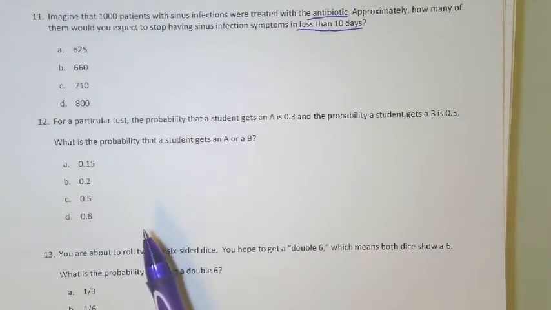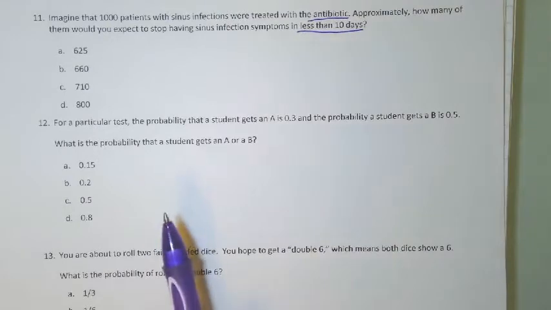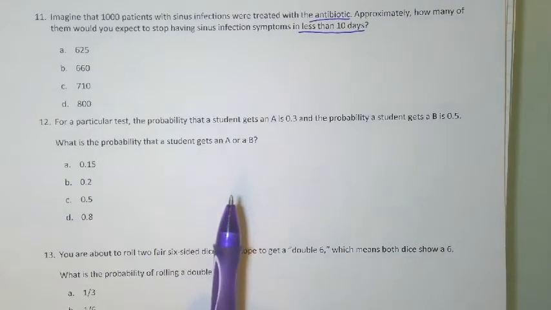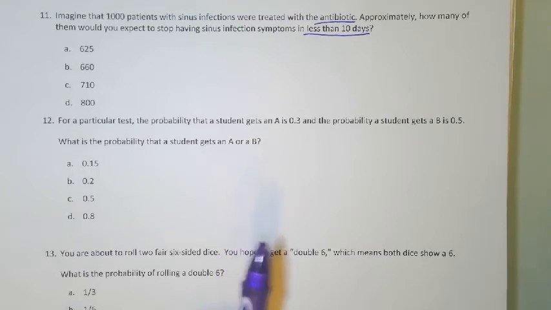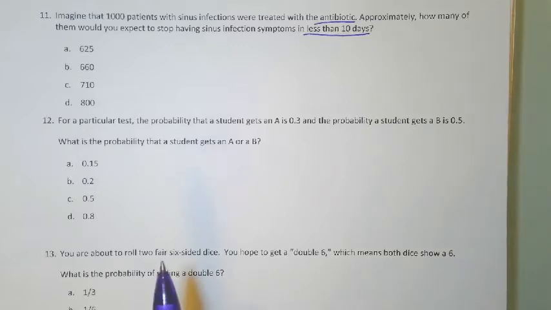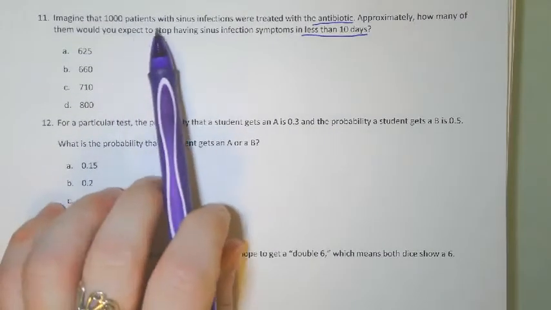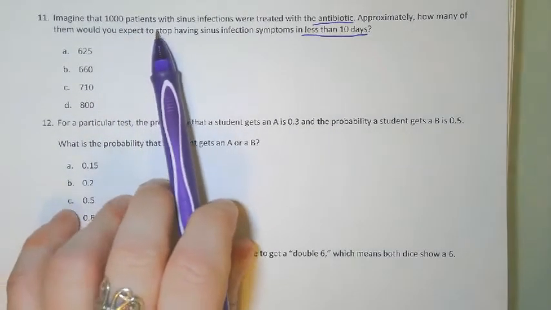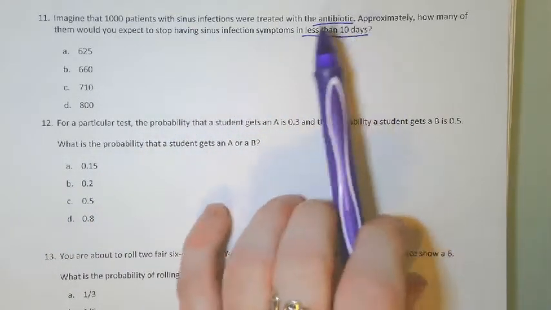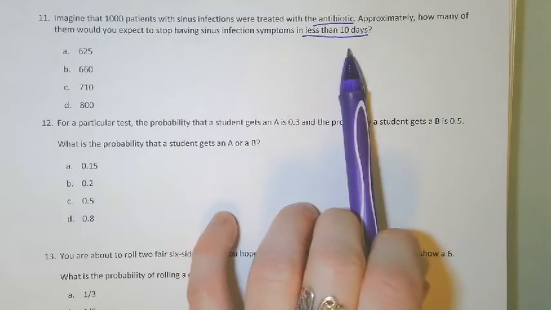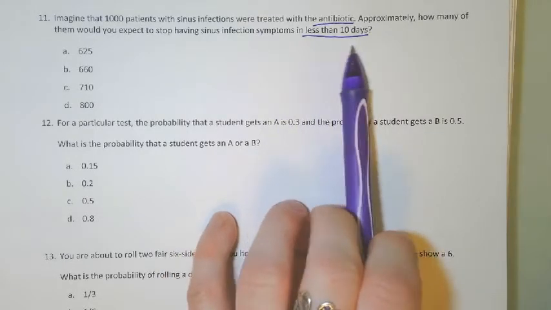So at first this looks a little different than the previous problems. They're not asking us to come up with a probability. Instead, they're asking us to come up with a number representing about how many patients out of 1,000 were treated with an antibiotic and had sinus infection symptoms that lasted less than 10 days.